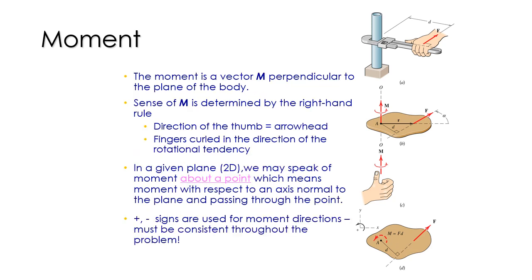So the moment is a vector M perpendicular to the plane of a body. It is also directional since it can be in a clockwise or counterclockwise direction.